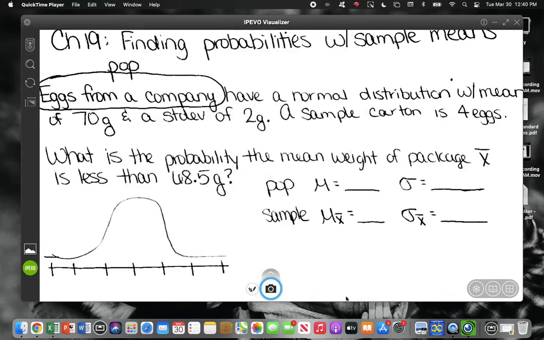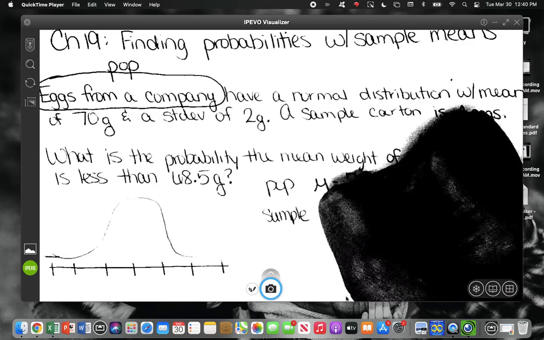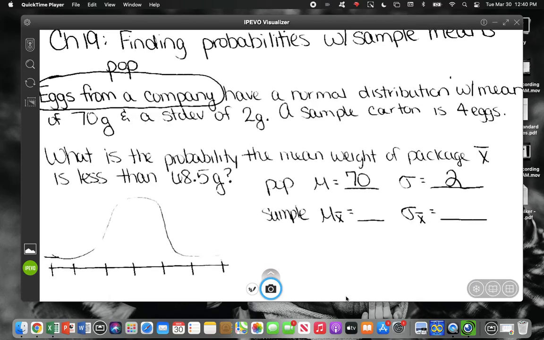It gives us the mean and the standard deviation for that. What is the mean weight? 70 grams, and the standard deviation is 2. Now, in this case, it tells us that the sample is 4 eggs. That's a really small sample size. But why can we go ahead and draw a curve for this one?